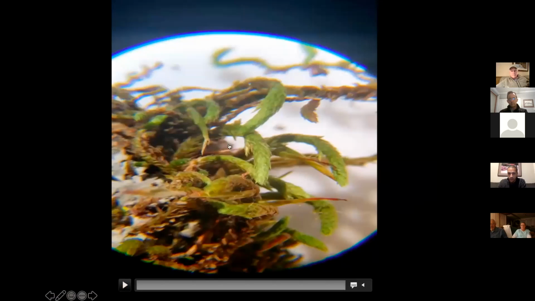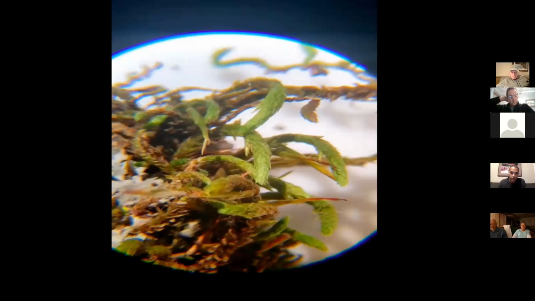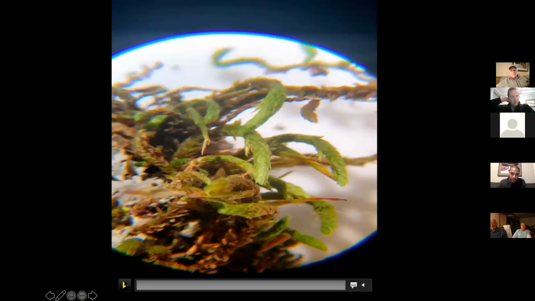So this is a dried sample of hook moss that I put under a microscope and squirted some water on. This video is sped up, I think, 3 times.